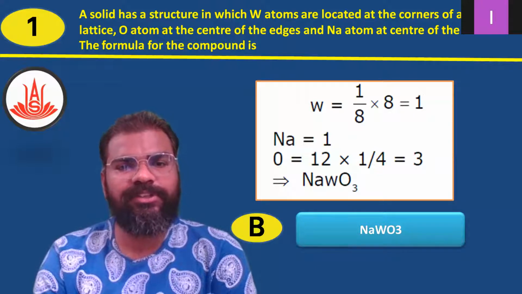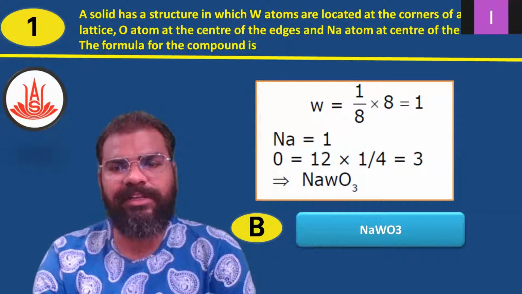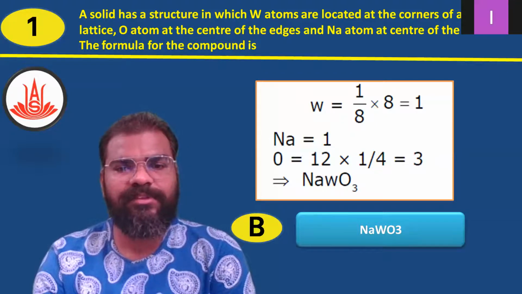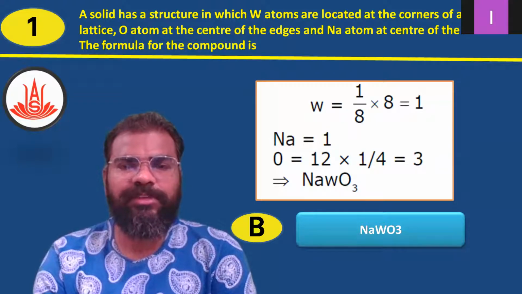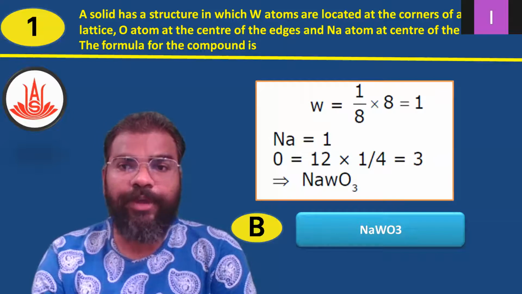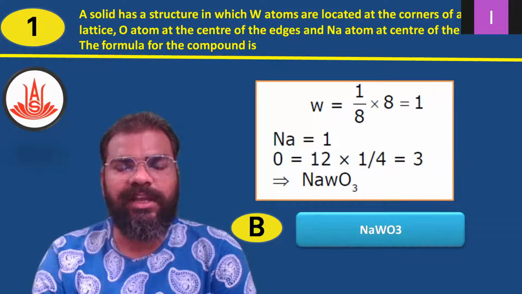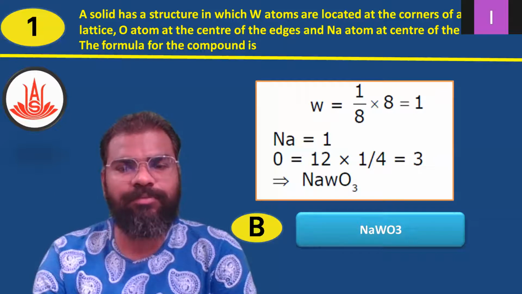Then for the oxygen atom, at the center of the edges: there are 12 edges, multiplied by 1/4.